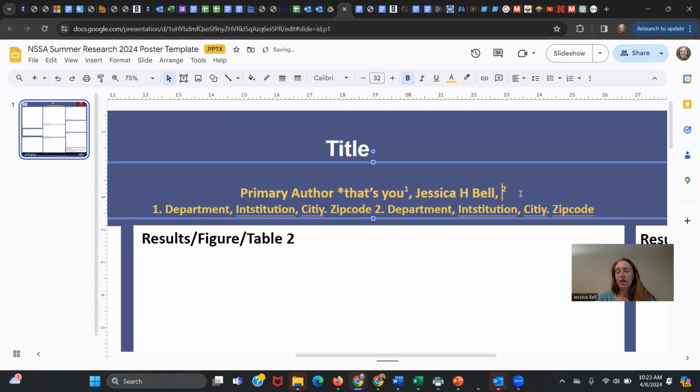If they have a degree or a title, right? I have a doctorate, so I'm going to put PhD. The department for you guys, it'll be whatever your major is. So if you're a computer science student, you're going to put computer science. I see that institution and city. There's a lot of typos in here. So if you are in computer science, you put computer science.